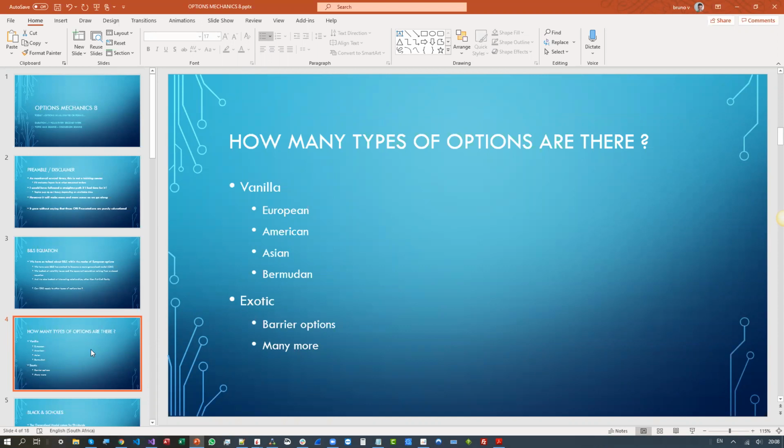Most of us retail traders trade either European or American options. As you know, US indices are European options, and in Europe, all index options are de facto European options. It is my favorite model because it's simpler.